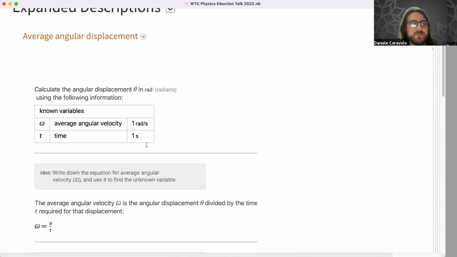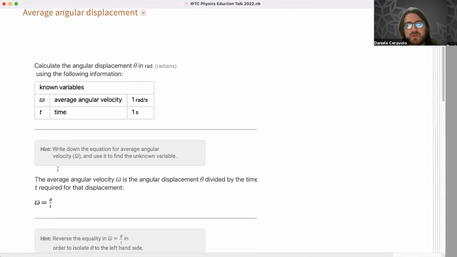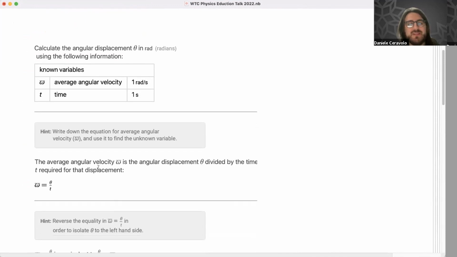So whenever we're using a definition, we changed our words to match our phrasing, just to say, look, this is a definition. We define the average angular velocity as angular displacement divided by time t.